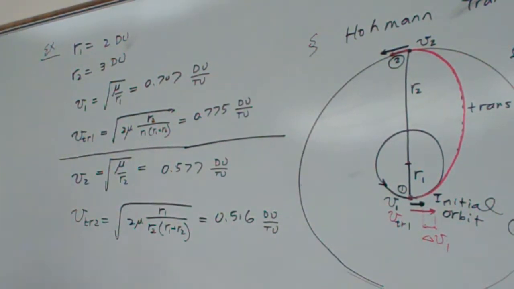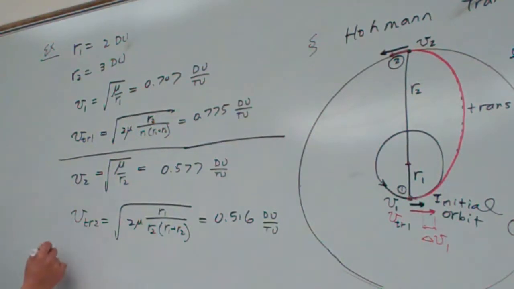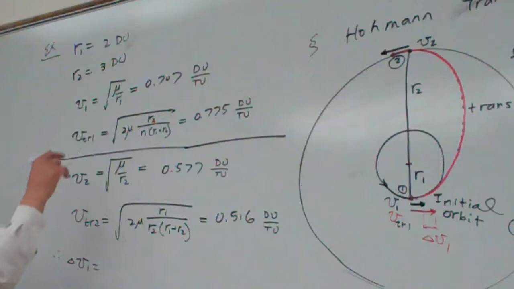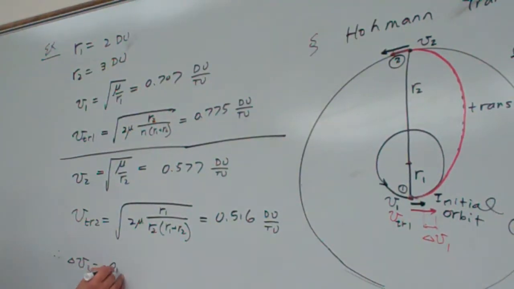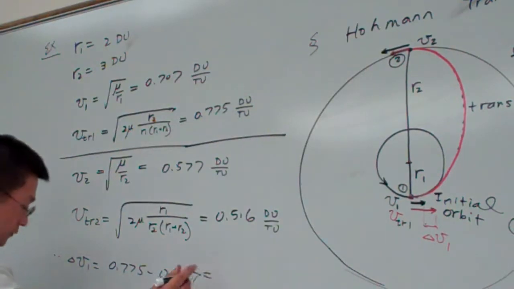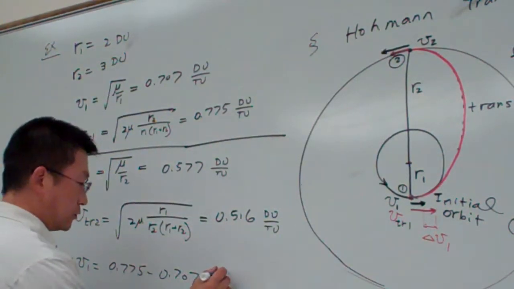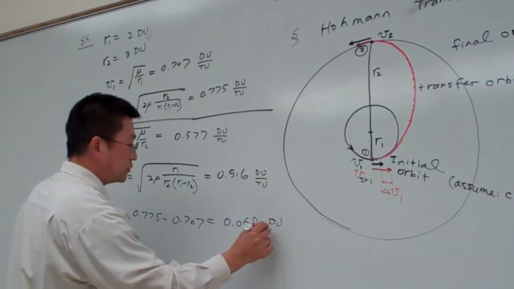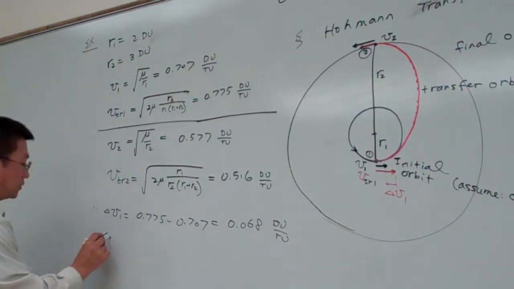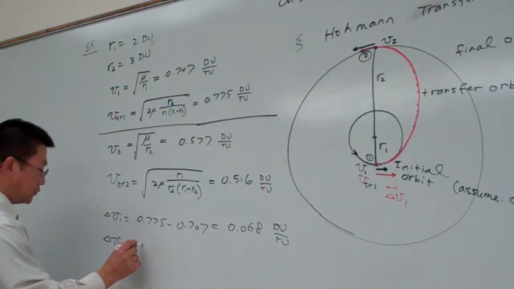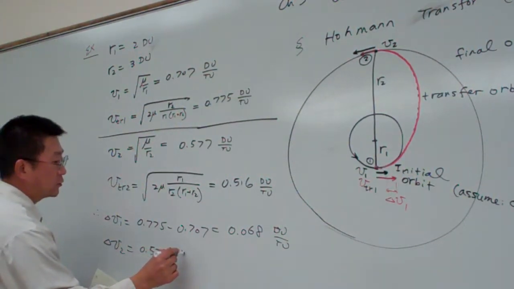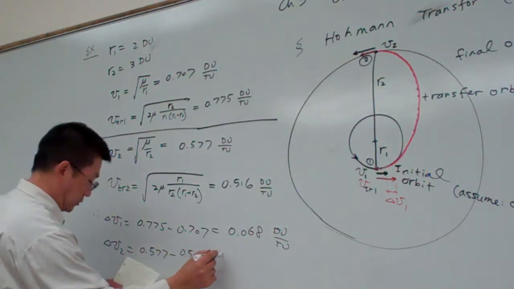Therefore from here, you can calculate delta V1, the first thrust, taking only the magnitude: 0.775 minus 0.707, so that equals 0.068 DU/TU. And delta V2 equals 0.577 minus 0.516.